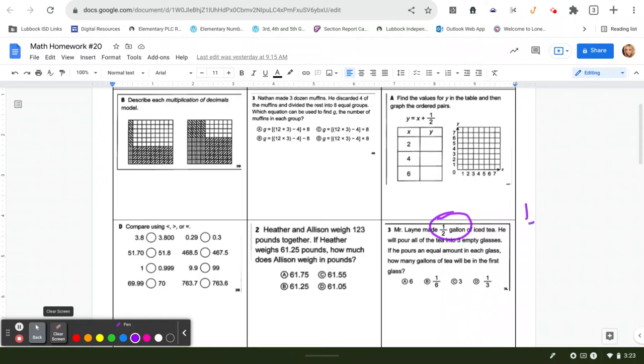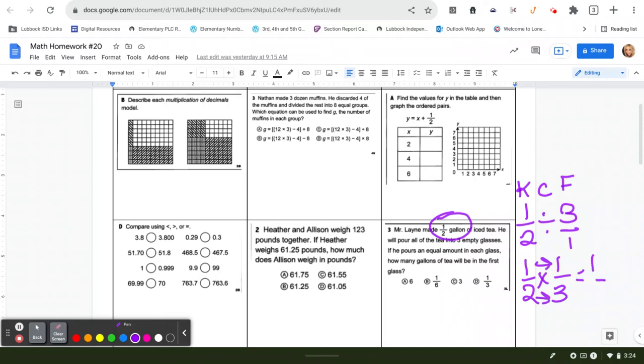He has half a gallon of tea that he's going to split among 3 empty glasses. Okay, we're going to make our whole number look like a fraction. We're going to label. Then we're going to do it. Keep it, change it, flip it over for the reciprocal. Multiply straight across for an answer of 1/6.